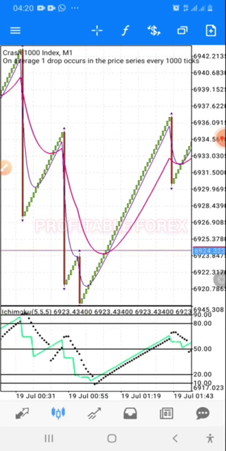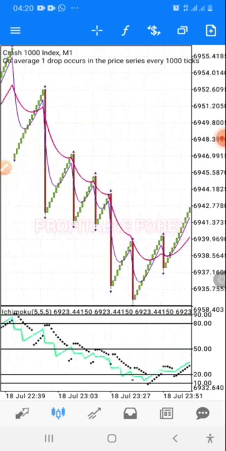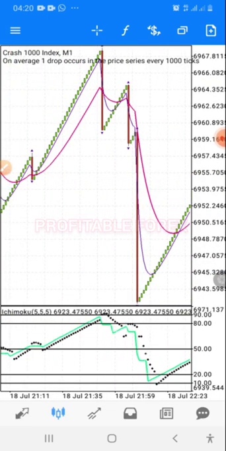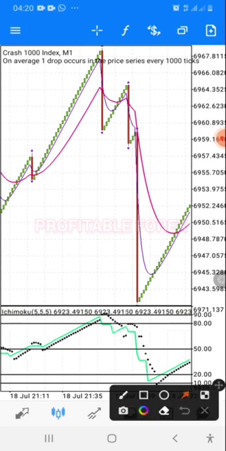Then if you want to use it for spike catching, you check to see that the Ichimoku and the parabolics are at the overbought region, that's the 90 and the 80 level, and the parabolics is also at that region.